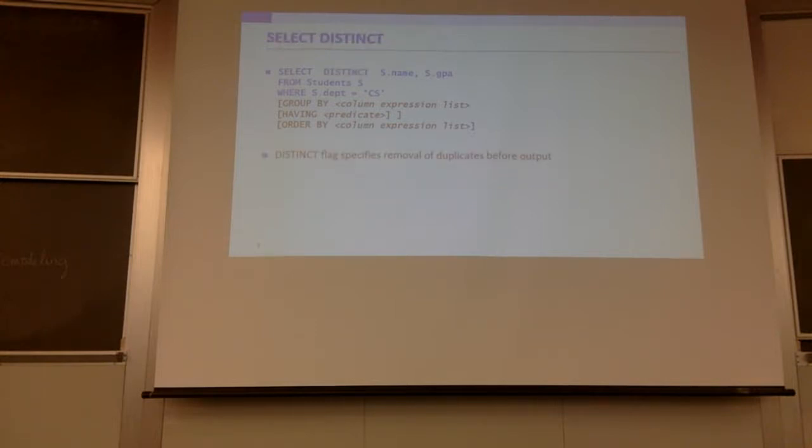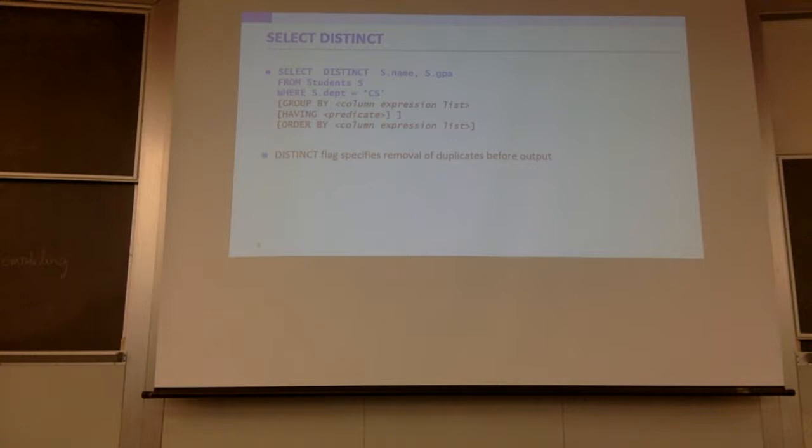What if we add a distinct? If we add a distinct, then we must do a deduplication over the results. We have a bunch of name and GPA pairs.